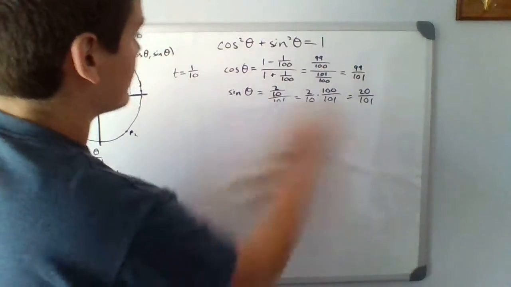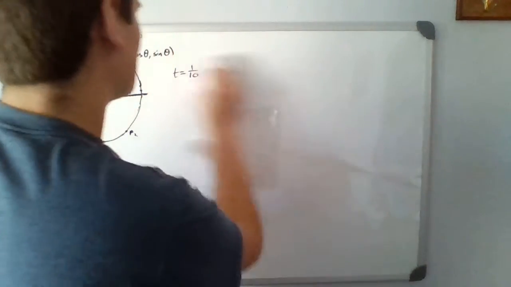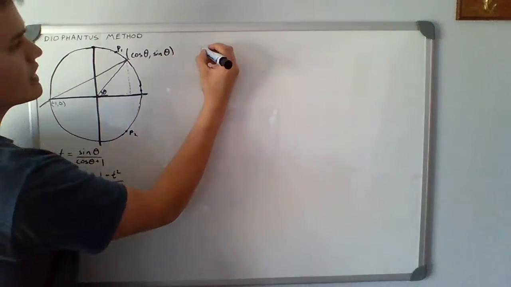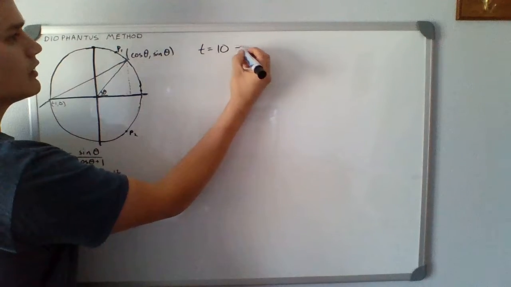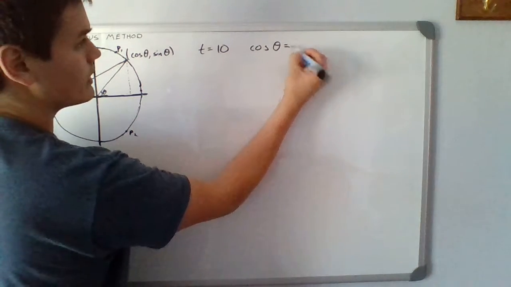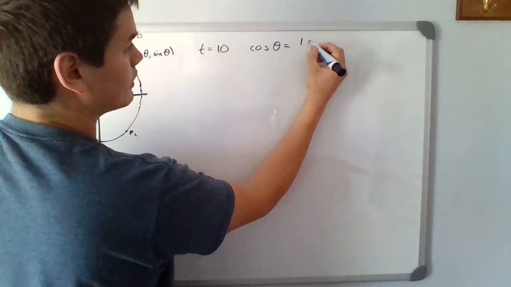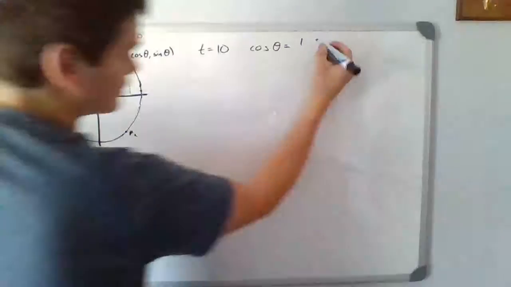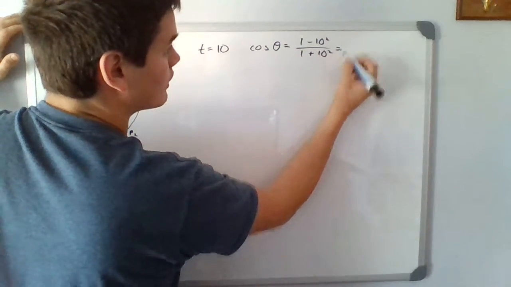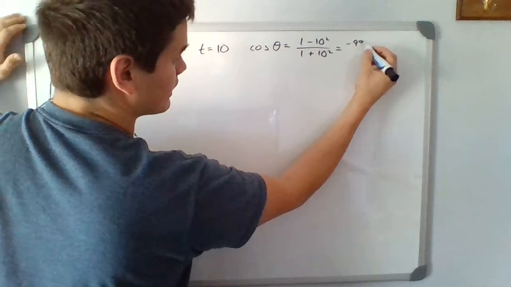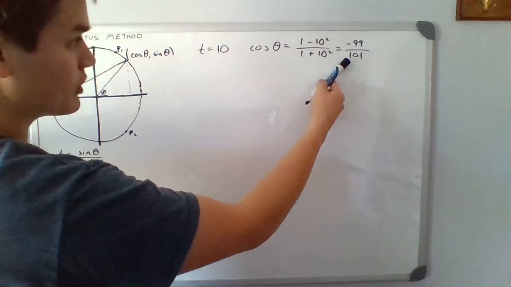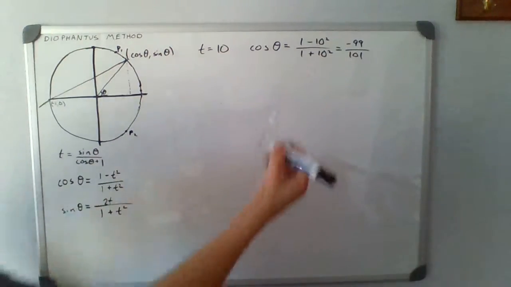If I want to find a point in that quadrant, well, I tried t equal to 1/10. Let's try t equal to 10. So I have cosine theta is 1 minus 10 squared divided by 1 plus 10 squared. So that's going to be negative 99 over 101. Okay, so that looks really similar to the one I had before. The one before was 99 over 101.